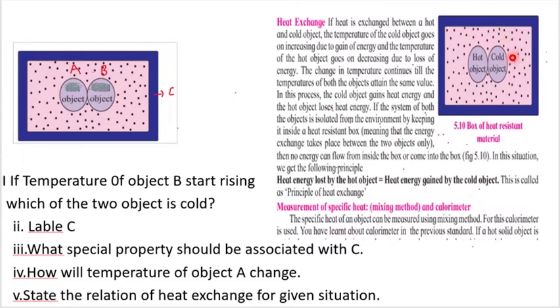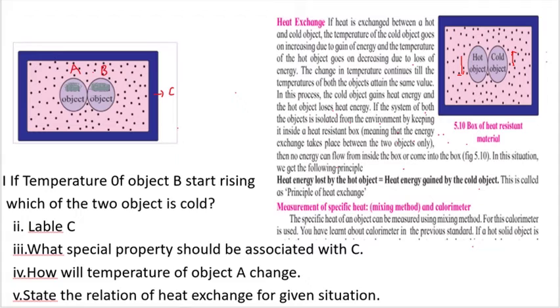As the cold object receives the heat energy, its temperature starts increasing, and as the hot object gives out heat, its temperature starts decreasing, till the temperature of both objects becomes the same.